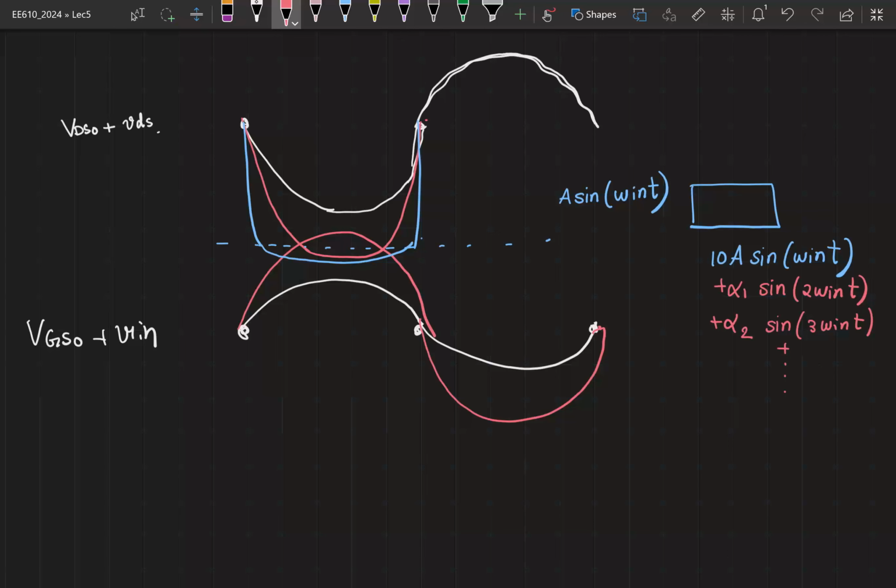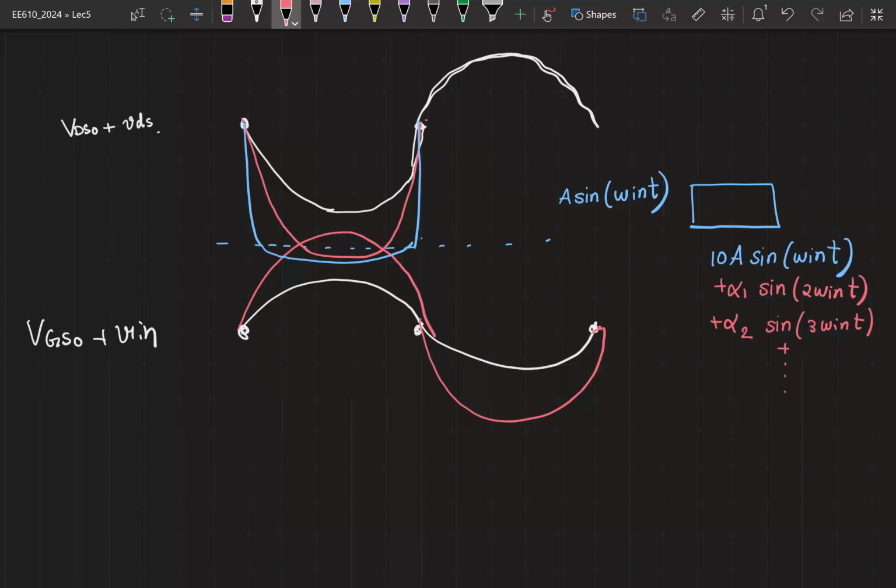Therefore, now your amplifier itself has become non-linear. You gave a clean sine wave, you are getting a distorted output. So this process wherein the amplifier is distorting the output from what you really want is simply called distortion. And we want to prevent distortion.